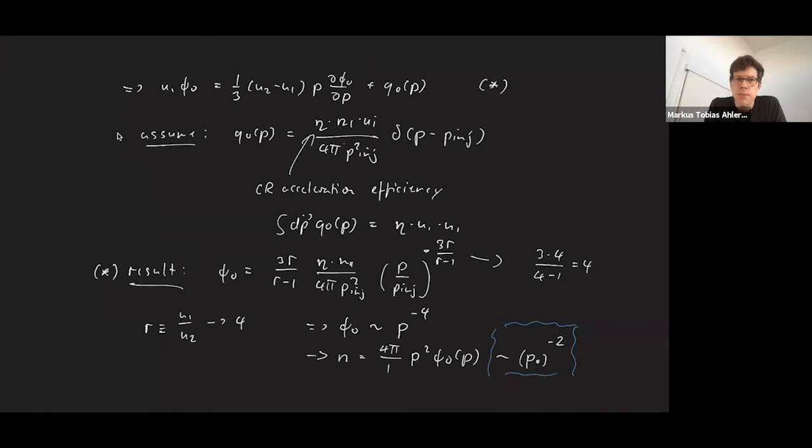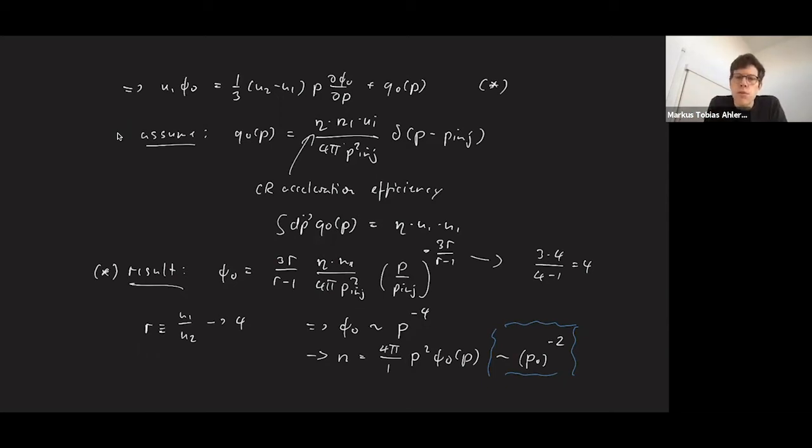So the derivation of this result is, of course, an idealized situation. You can look for next to leading orders in the shock environment. For example, you can look for the finite size of the shock. You could also look for the case that particles are not only injected in the vicinity of the shock, but also in a broader region.